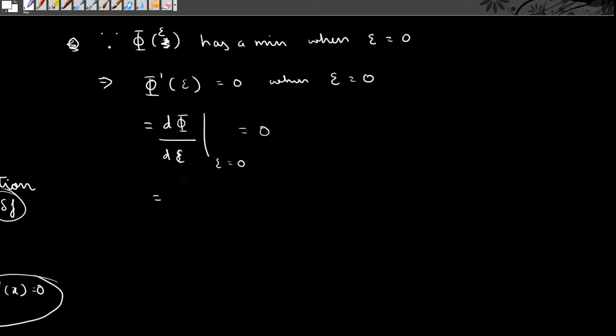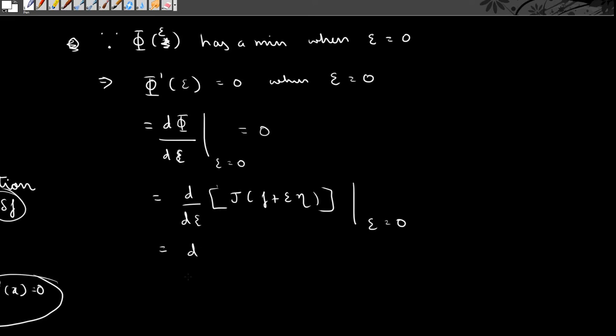So this is nothing but d by d epsilon of, what is phi of epsilon? Phi of epsilon is nothing but J of f plus epsilon eta, at epsilon equal to 0.